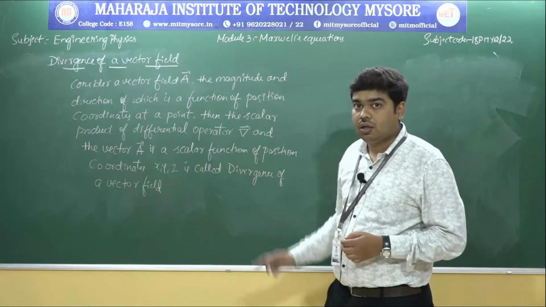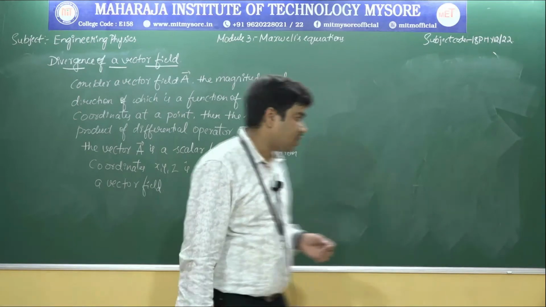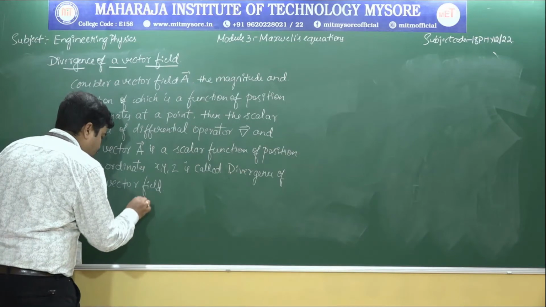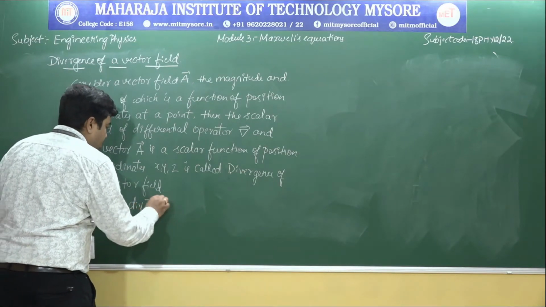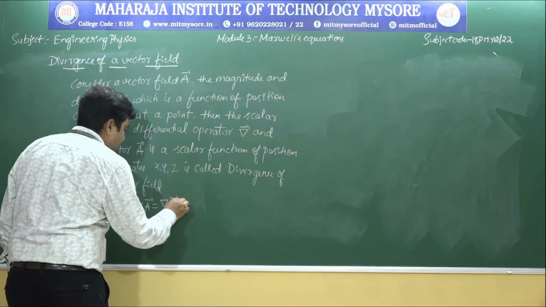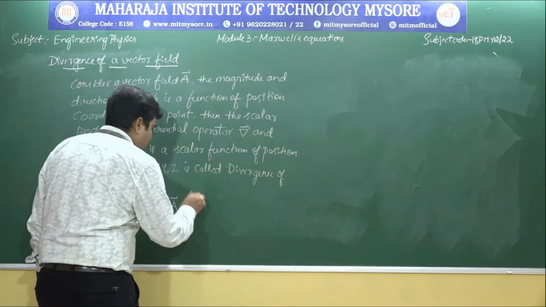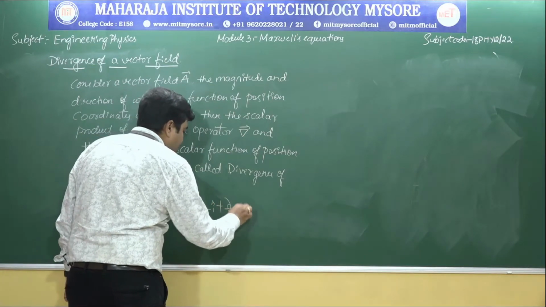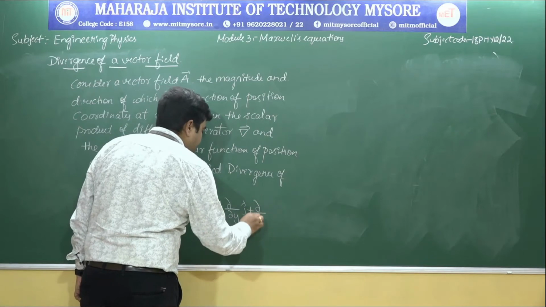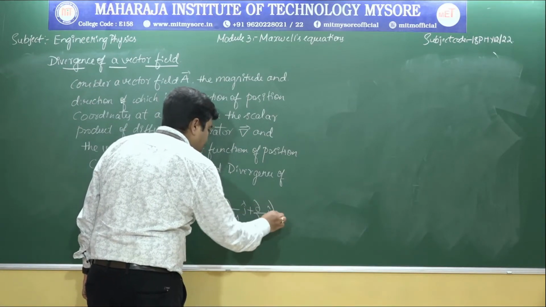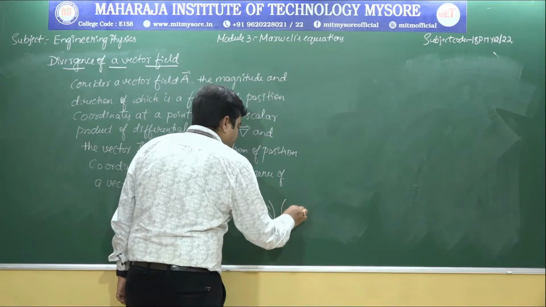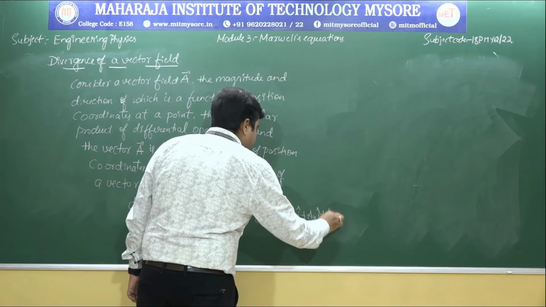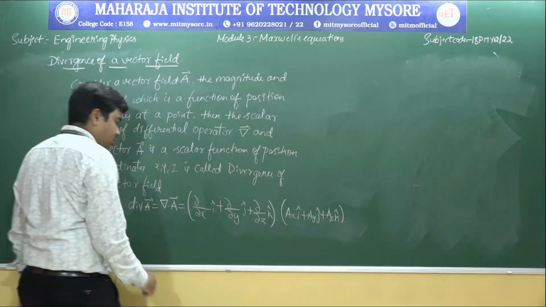Now, how can we express this in terms of an equation? So, you can write it as div A, or it can also be written as del dot A, which is equal to dou by dou x into i cap plus dou by dou y into j cap plus dou by dou z into k cap, dot ax into i cap plus ay into j cap plus az into k cap.